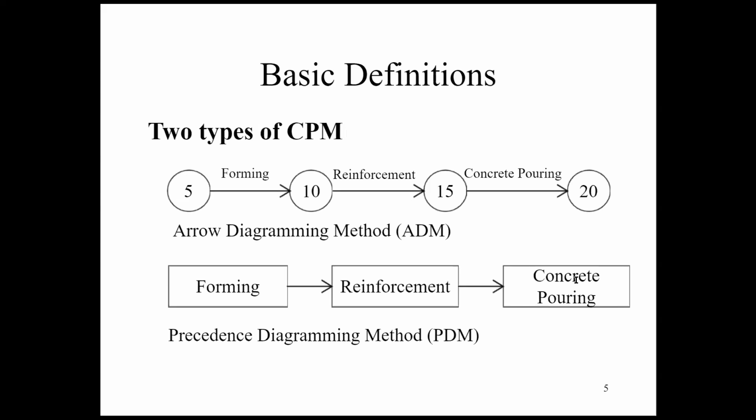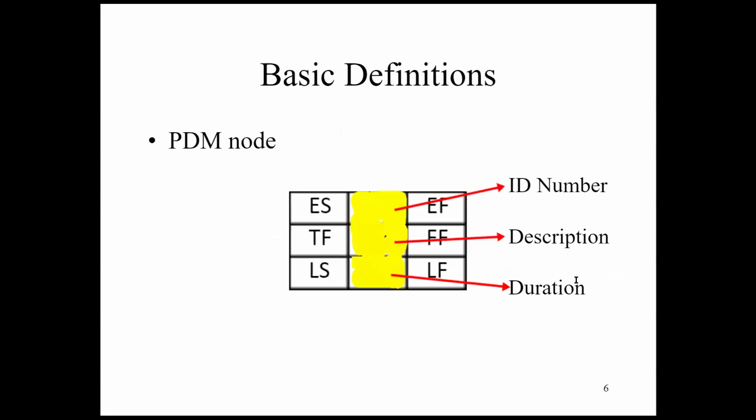There are two types of diagram. We introduced the precedence diagram, PDM or AON. But the arrow diagram, we did not introduce yet. We hold it until after we finish this one because I don't want to confuse you.